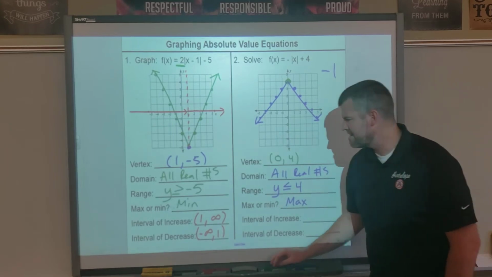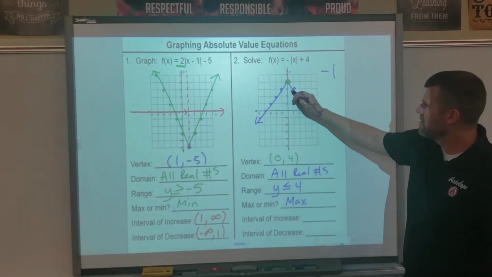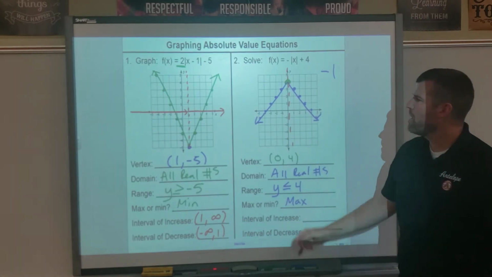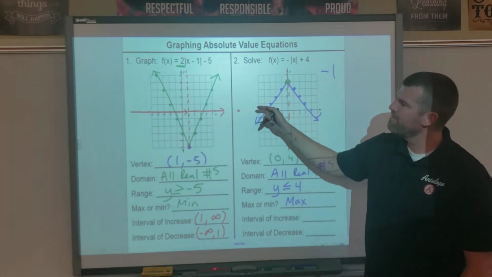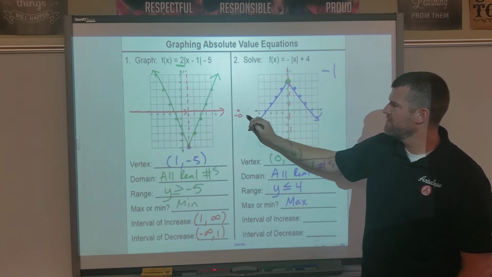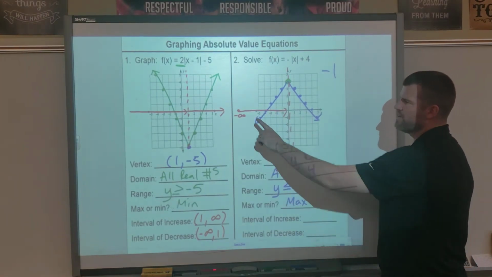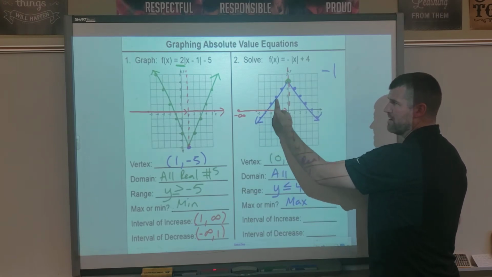Interval of increase. This time, the side that's increasing is the left side, and we always look at our x value. If we go as far as we can left, this is negative infinity, and as we move towards 0, our graph is going up.